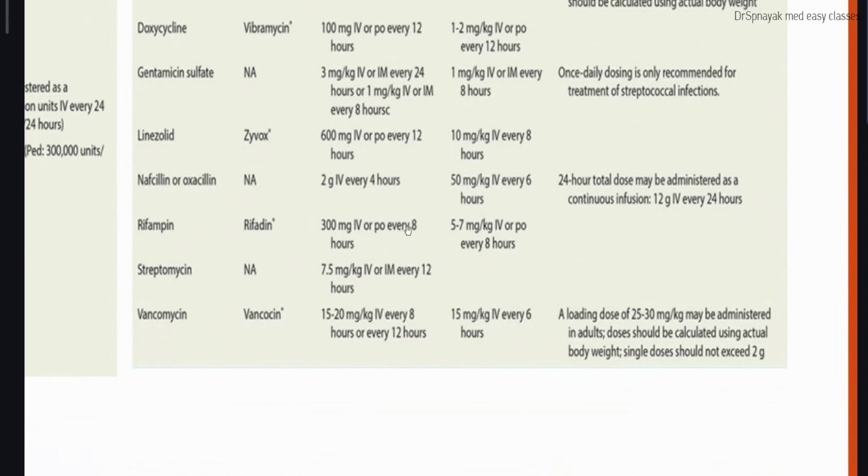Rifampin 300 mg IV or per oral every 8 hours and 5 to 7 mg per kg IV or per oral every 8 hours in pediatrics. Streptomycin 7.5 mg per kg IV or IM every 12 hours, and vancomycin is 15 to 20 mg per kg IV every 8 hours or every 12 hours, and in pediatrics 15 mg per kg IV every 6 hours.